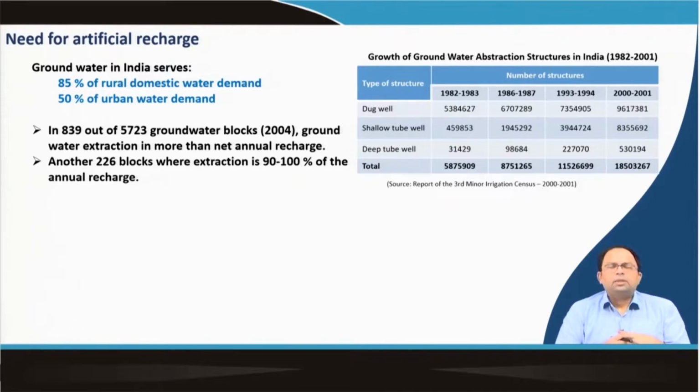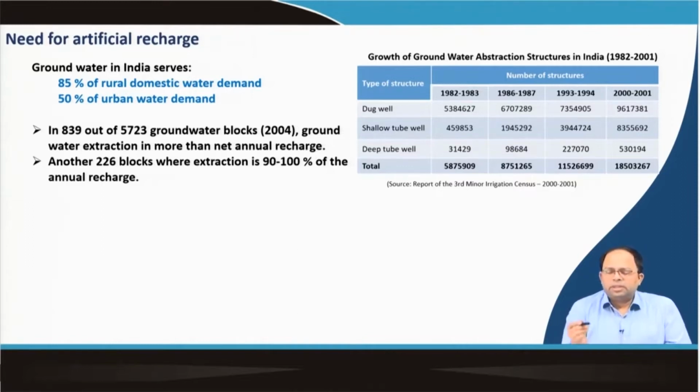Whereas, in another 226 blocks it was found that extraction is about 90 to 100% of the annual recharge. So, it is almost at similar levels as the first 839 blocks. So, around 1000 blocks out of approximately 6,000 blocks are where we are going to face severe shortage of groundwater. Now, this is going to exacerbate further.